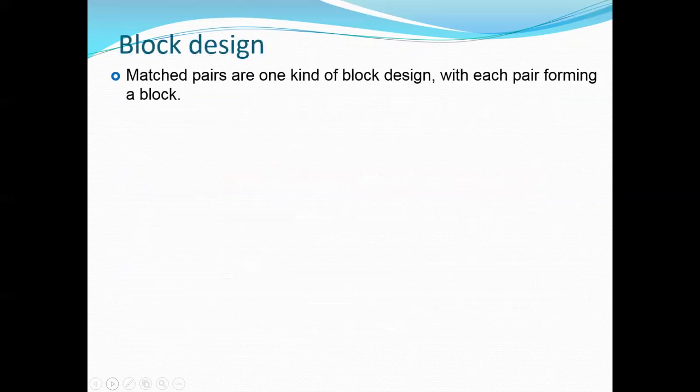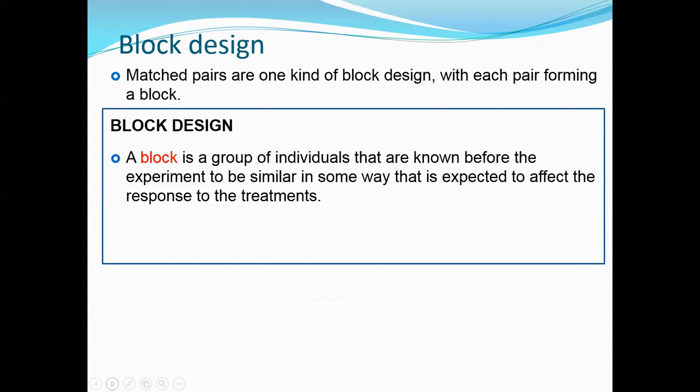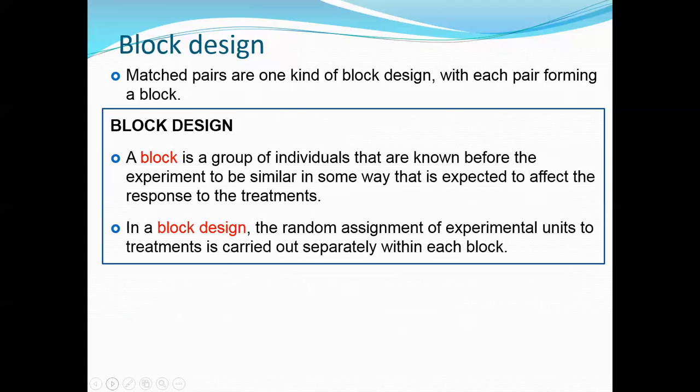Block design. Matched pairs are one kind of block design, with each pair forming a block. A block is a group of individuals that are known before the experiment to be similar in some way that is expected to affect the response to the treatment. In a block design, the random assignment of experimental units to treatments is carried out separately within each block.